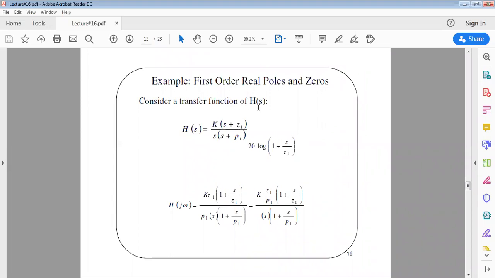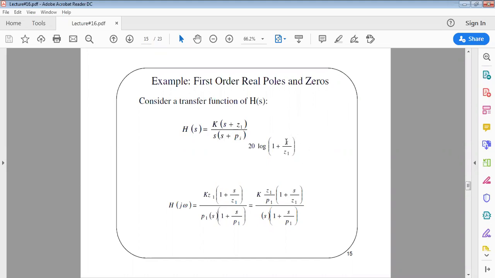So we are going to have one example in which we are given a transfer function H(s) given by K, a constant, times (s plus z1) divided by s times (s plus p1).